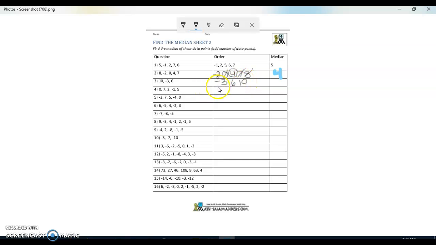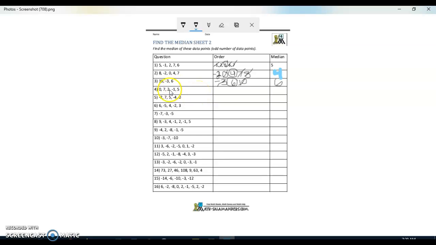So you scratch off 1 in the front, 1 in the back. Whatever number you're left in the middle is your median. So the median for this set of numbers is 6. I didn't even go over the question on the top, but it's the same thing. They just gave you the answer. If you were to scratch off each number, 1 in the front and 1 in the back, 1 in the front and 1 in the back, you're left with 5, which is the answer right here.